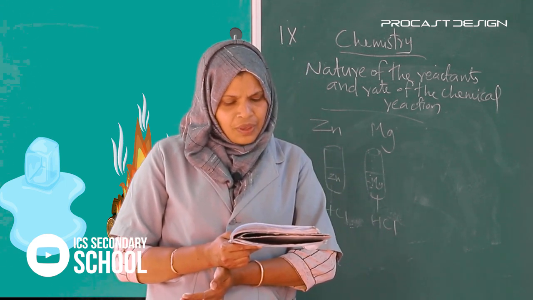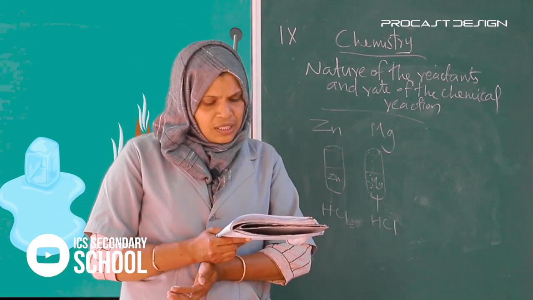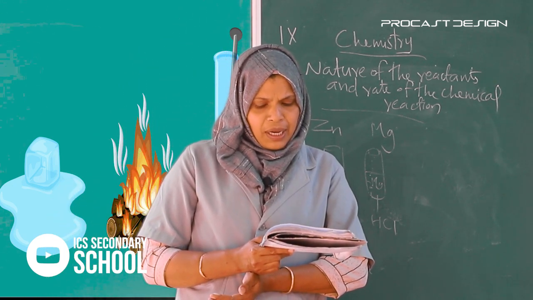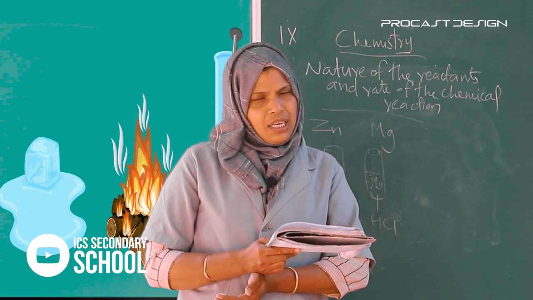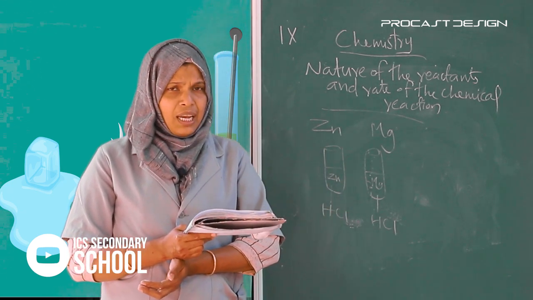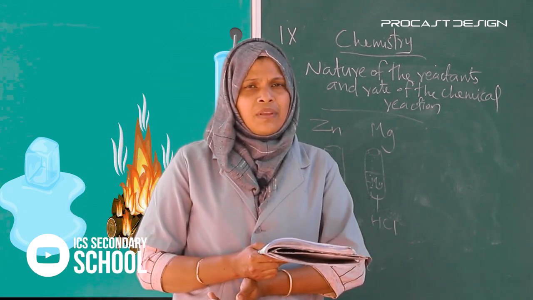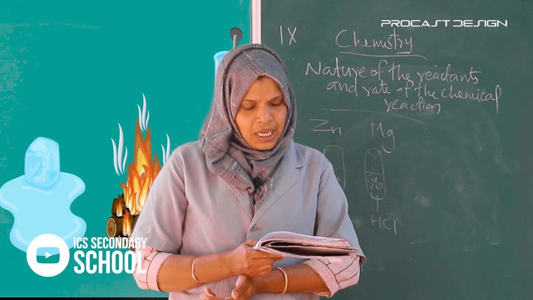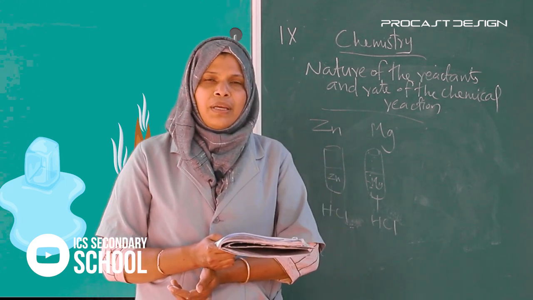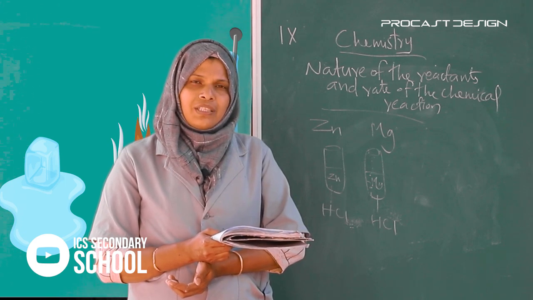Then next, is it necessary to take zinc and magnesium in almost the same size? Yes, it is necessary to take zinc and magnesium of almost the same size. Then can you tell me the procedure for this experiment?